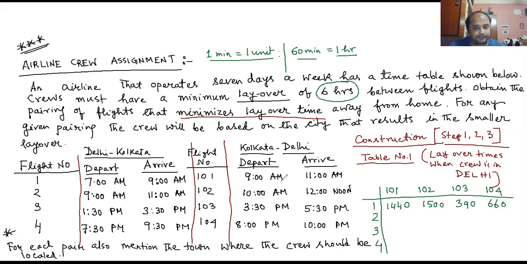So how much are you getting? 22 into 60, 1320.